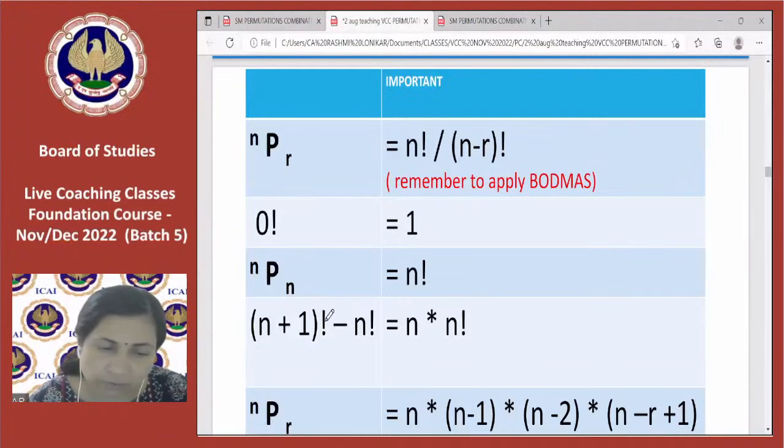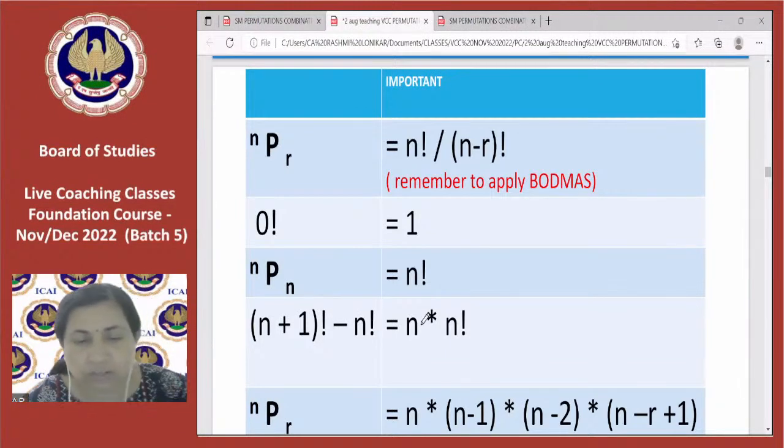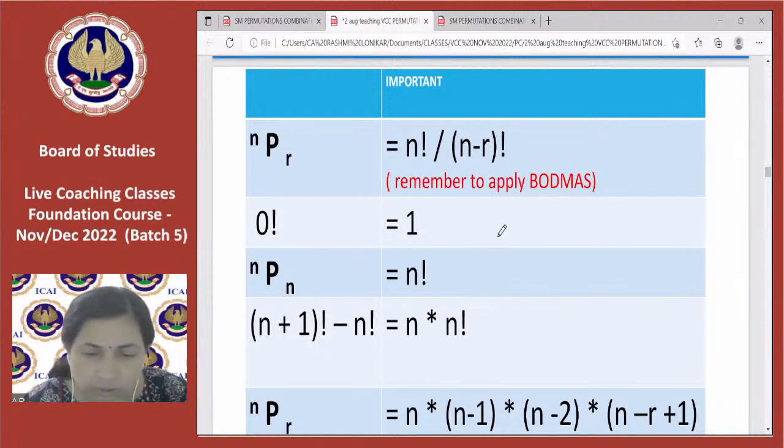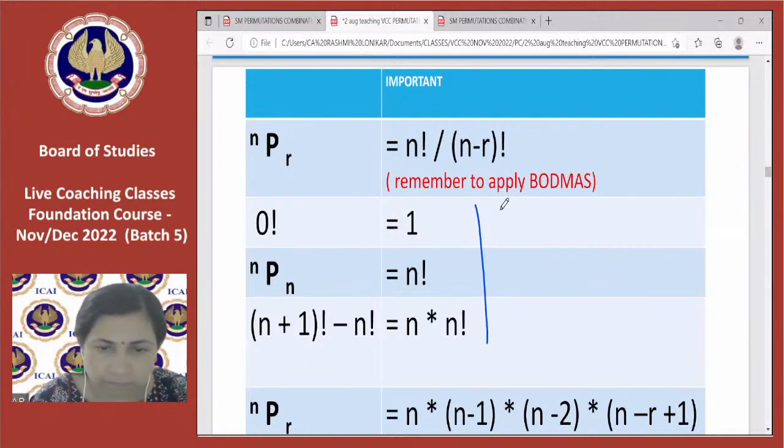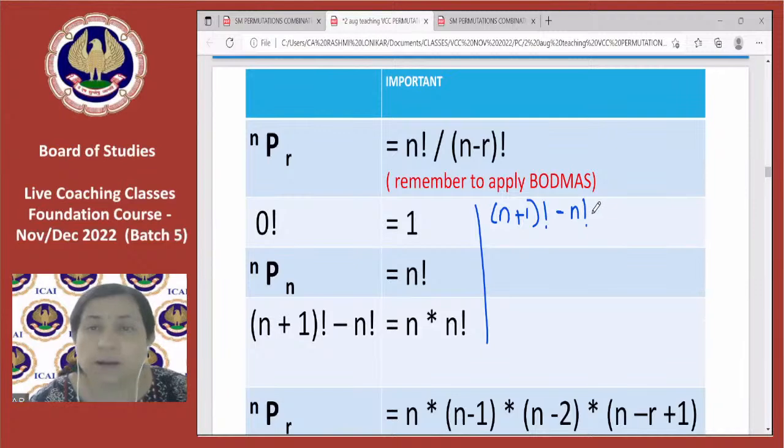I will show this example here. This is n plus 1 factorial minus n factorial. Now I write the bigger number in terms of the smaller number.